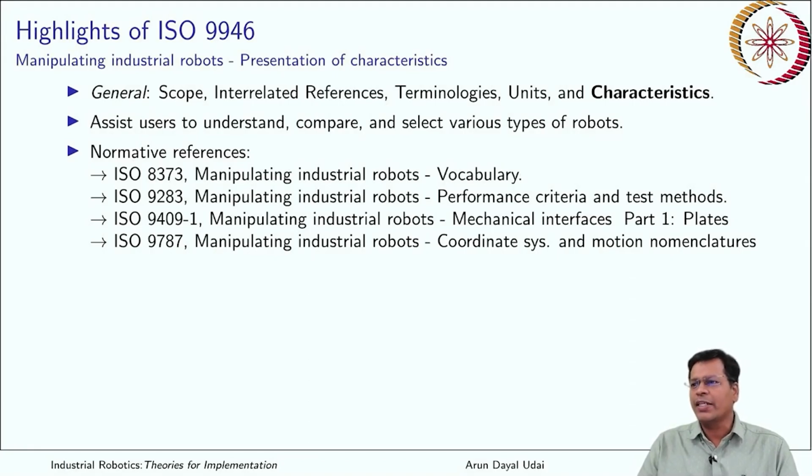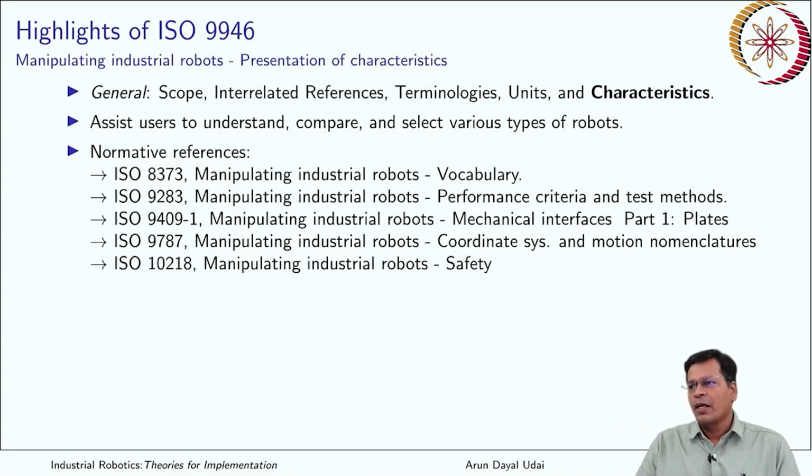ISO 9787 defines the coordinate systems and motion nomenclature. These special terminologies are explained in this particular ISO standard, and that is very, very important. ISO 9946 as well. And definitely safety.